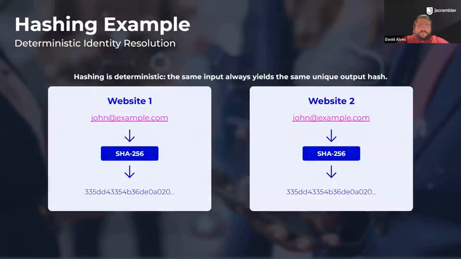That's a good question. Hashing is not anonymization. If the hash is deterministic, like in this case with SHA-256, the same input will always generate the same output. For example, two websites generating a hash for John at example.com will generate the same hash, which makes it a persistent identifier.